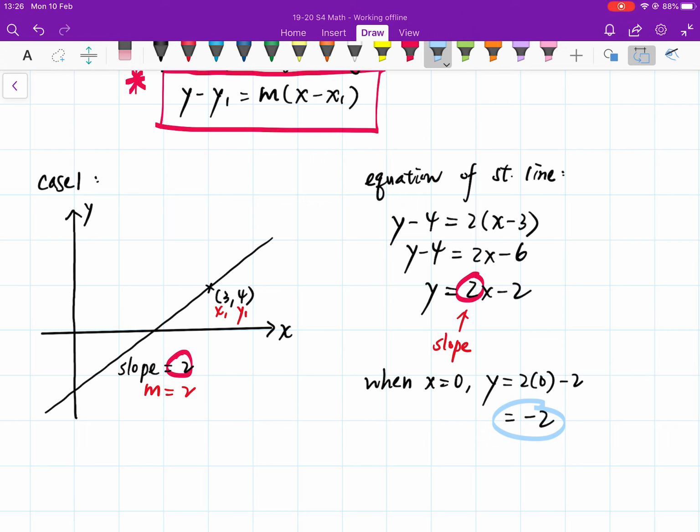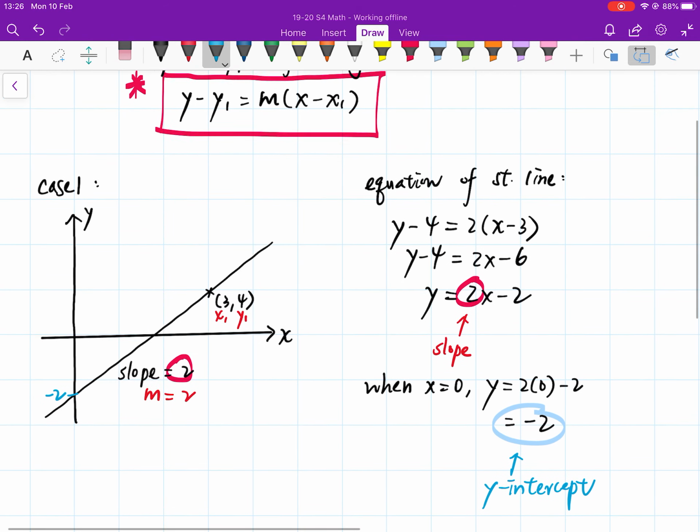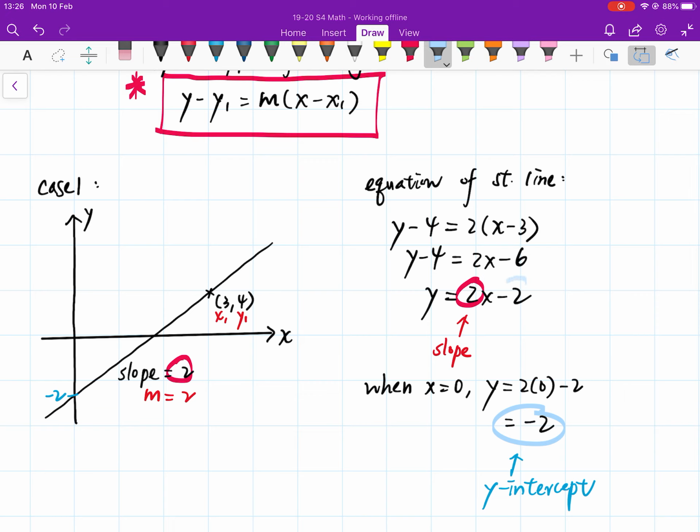And this value is representing the y-intercept of the straight line, and it also appears on the graph as well.